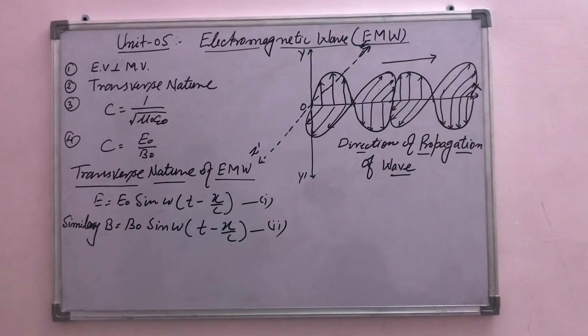So from the graph, we can say that the propagation of the electromagnetic wave is along the x-axis. The electric field vector E is along the y-axis, and the magnetic field vector B is along the z-axis.